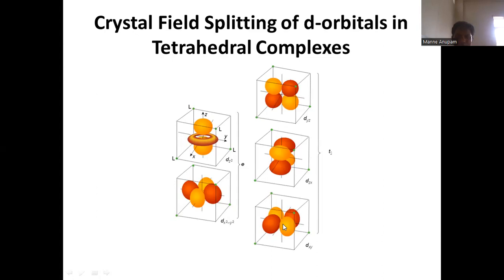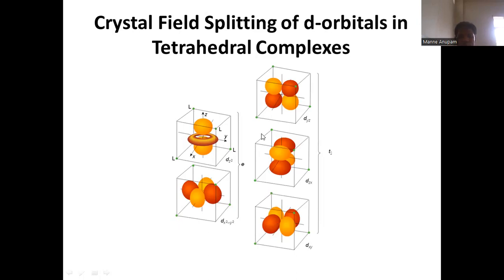Now when we come here, this is dxy. This is the x axis, coming towards us, and this is the y axis, and what is present in between is the dxy orbital.